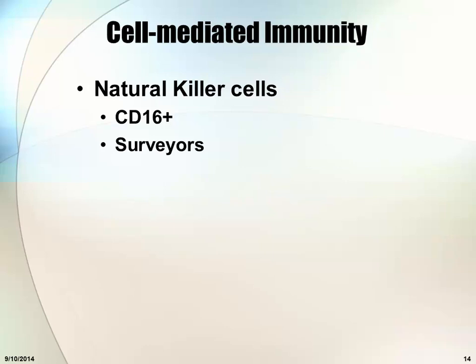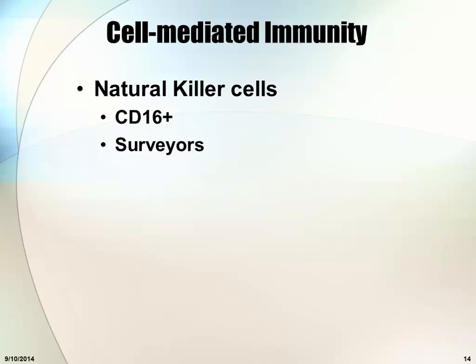So natural killer cells are the CD16s, and they are what we call surveyors. They like to look around and find the viruses and the malignant cells. They're looking a lot more now at cancers, where maybe some of these cells aren't finding the malignancies, while other people have systems that do find them and get rid of them, because we're constantly producing mutated cells.